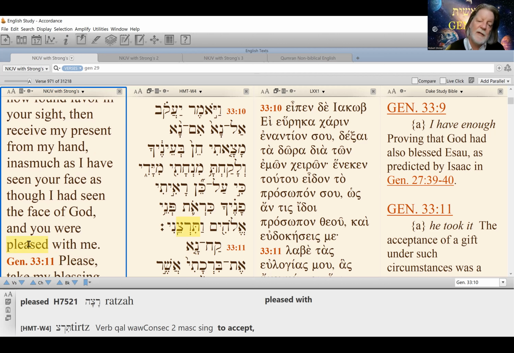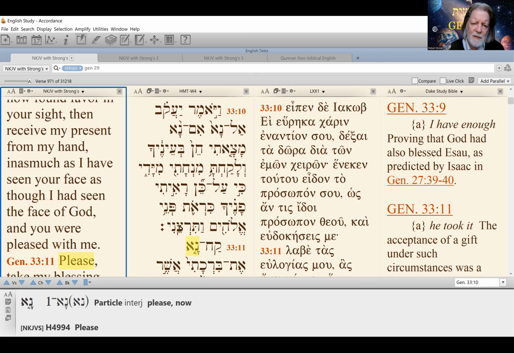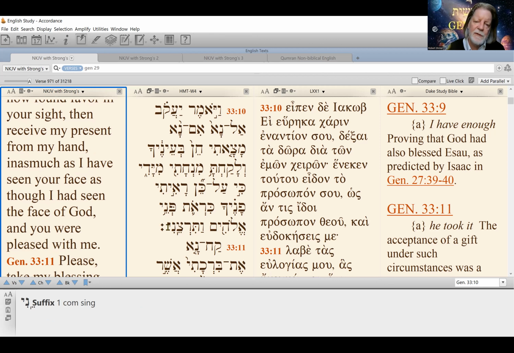The root word is ratzah, resh, tzadi, and hey. In this case, it is in the plural. It would be, what, pleasings, I guess. But the hay drops away for the plural, and then we have this.